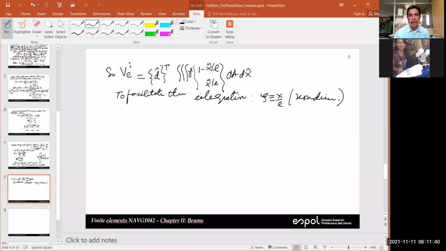So dx is going to be equal to L dz. And the integration, originally from 0 to L, we transformed from 0 until 1.